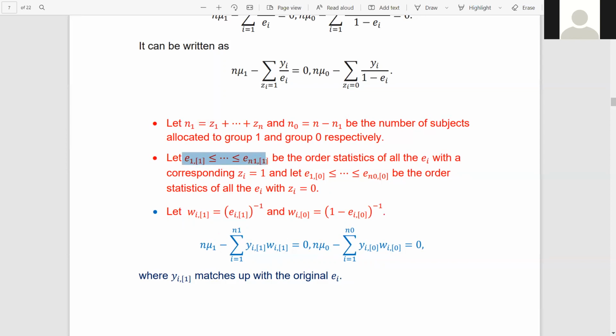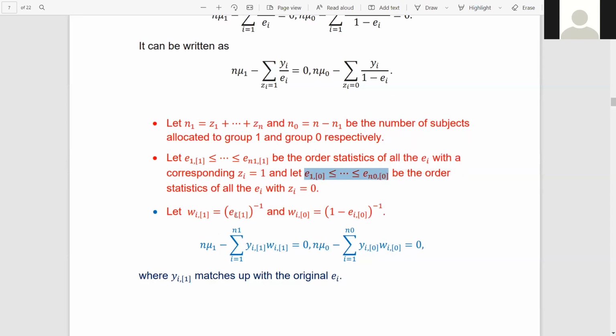This is in fact very important for what we're going to do. So then we're going to put E1, the first order statistic, and E2, the second order statistic, and then En1, so this is N1's order statistic. This is all for this treatment 1 group. And in the treatment 0 group, we also have this order statistic, okay?